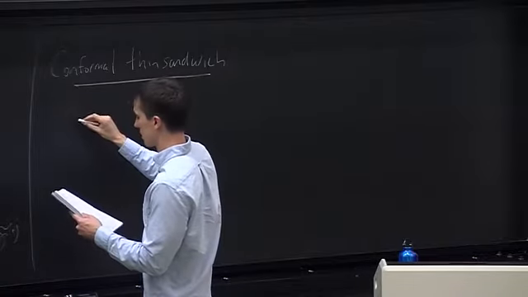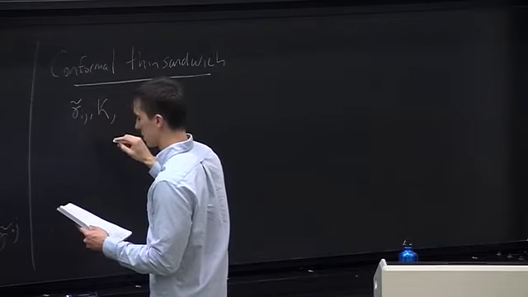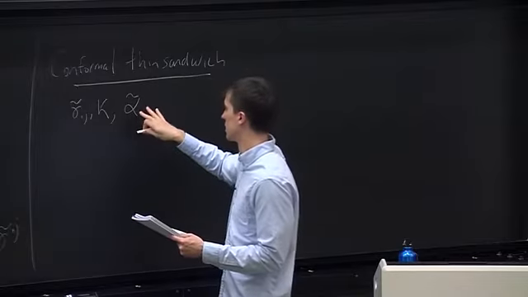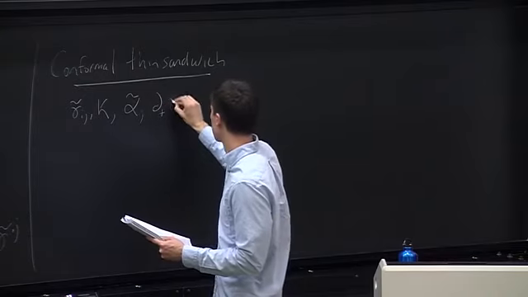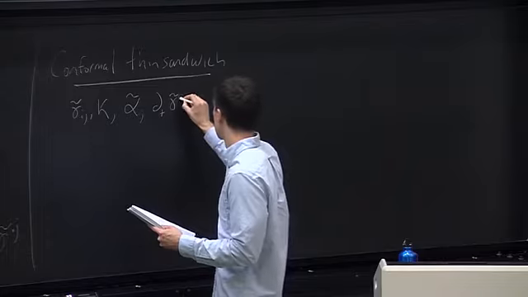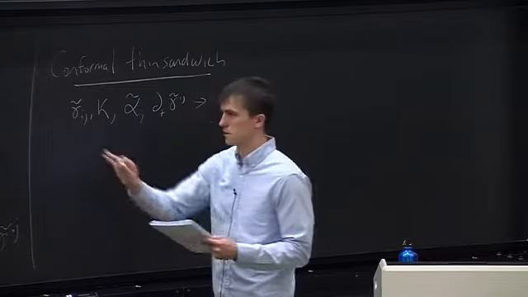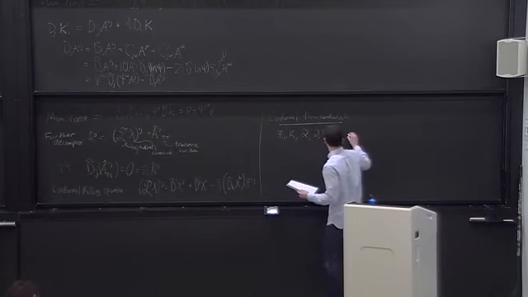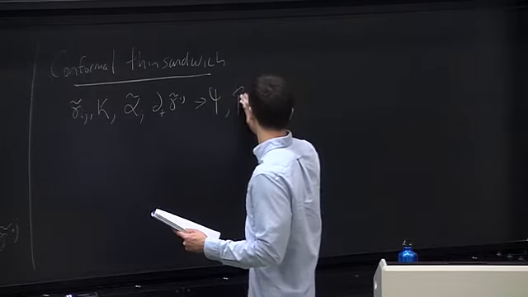And here, again, you choose the conformal metric, the trace of the extrinsic curvature. Instead, you choose the conformal lapse, and then the time derivative of the conformal metric. And then, instead of solving for this vector potential X, you actually solve for the shift vector.